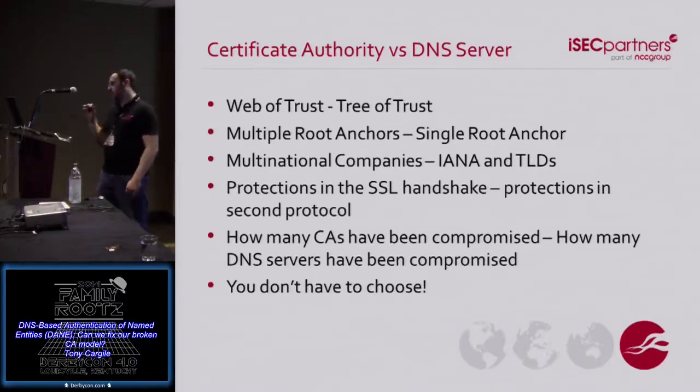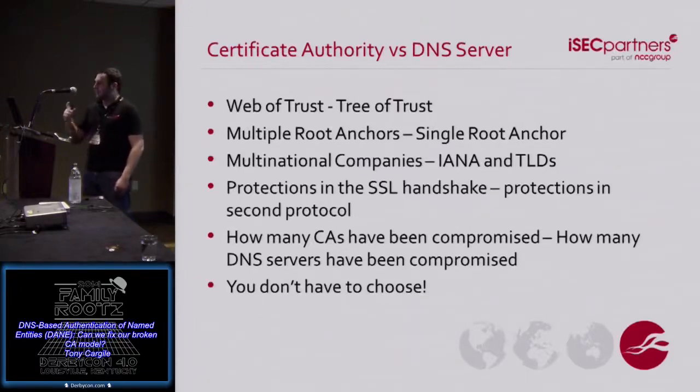This one can be a controversial topic, but the certificate authority has multiple root anchors, multiple root CAs, and if you pay enough money, you can be one of those root CAs. Whereas DNSSEC protection, like I talked about, has one single root anchor, and that is IANA. That is the government.